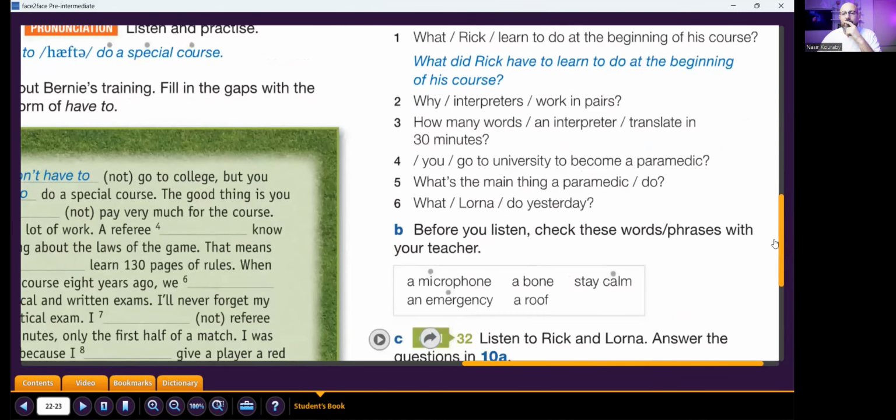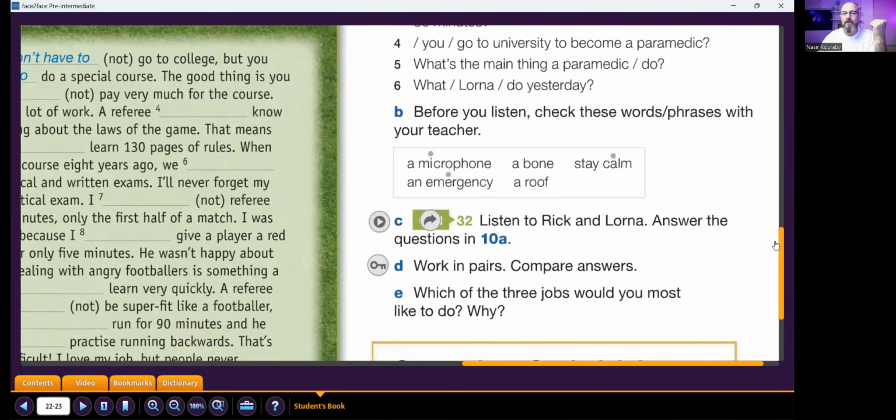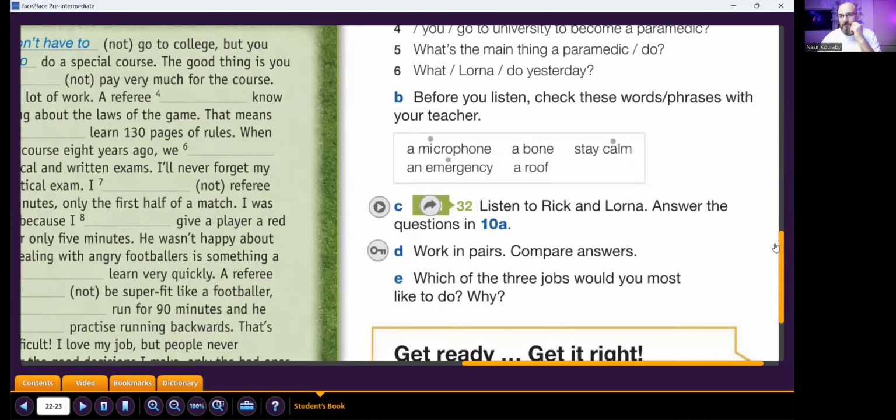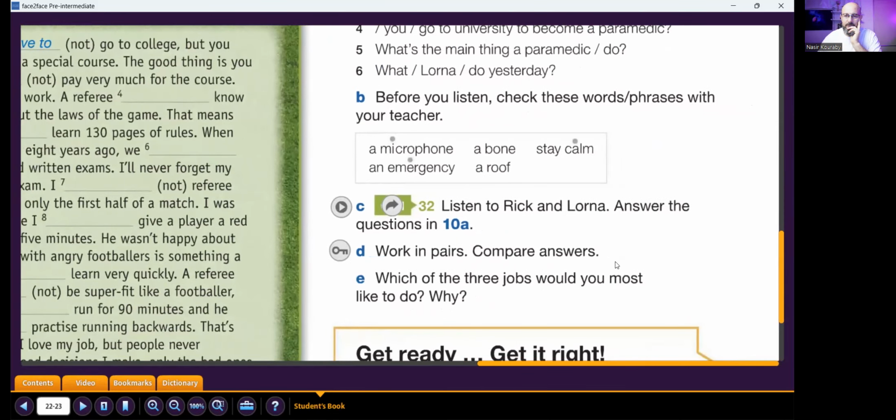Okay, so now we'll go to the listening part about the grammar. Before we listen, we will check these words: microphone, a bone, stay calm, an emergency, a roof. Check them in the dictionary. Then listen with us.